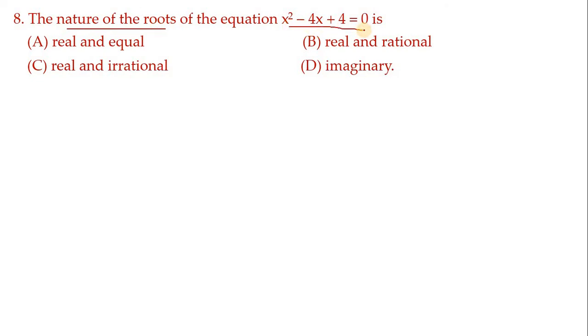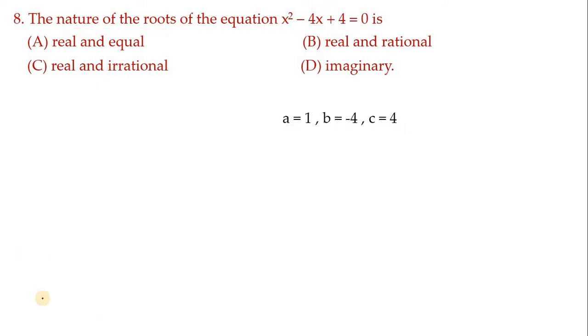So what could be the nature of the roots for this equation? Whenever they are talking about nature of the roots, you have to use the discriminant formula. For that, first look at the given equation whether it is in standard form or not. Hence, it is in standard form. Hence, let us find ABC values. A value is 1, B value is minus 4, C value is plus 4.